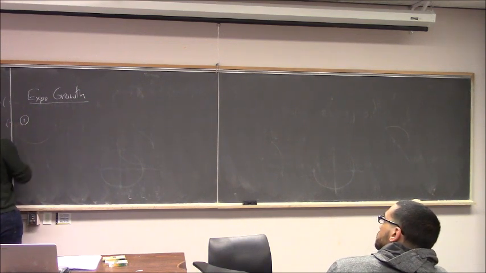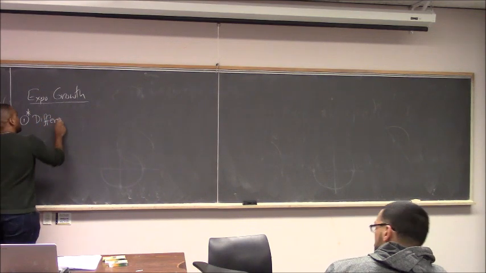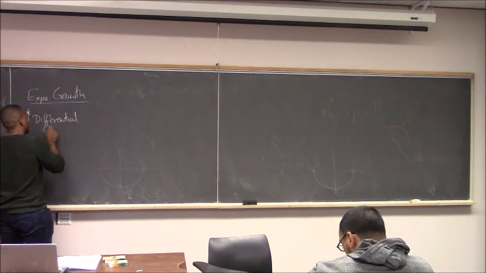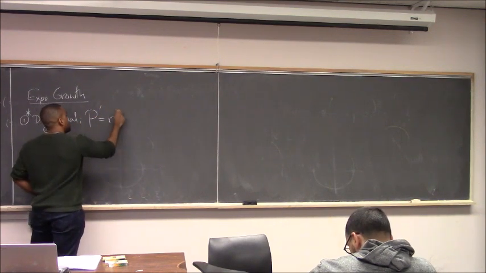And one of the equations that deal with that, one that you can almost ignore, I'm not going to test you on it, but I'll talk about it, is what's called the differential equation. And it's simply P prime equals rP.